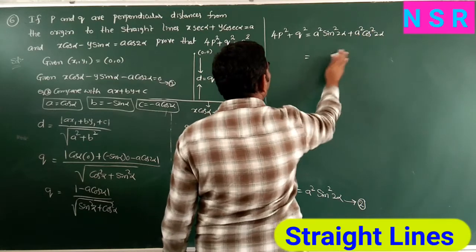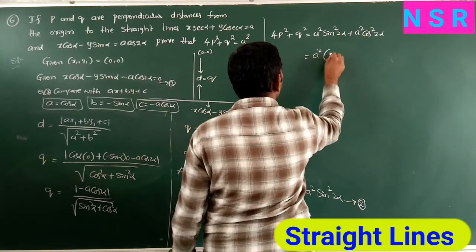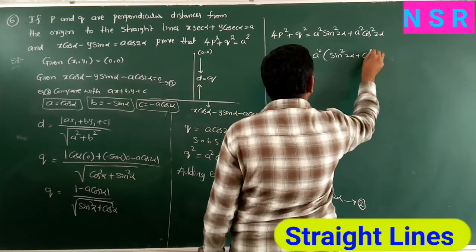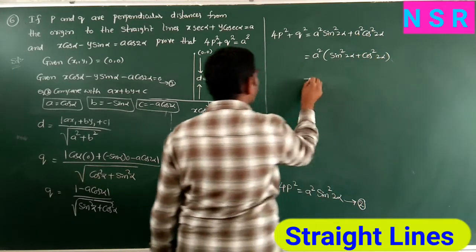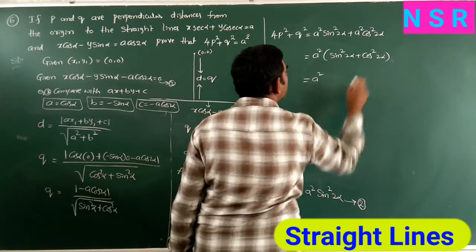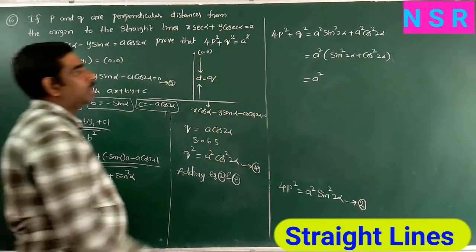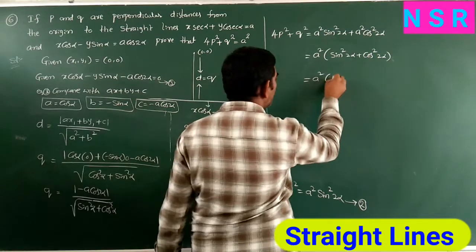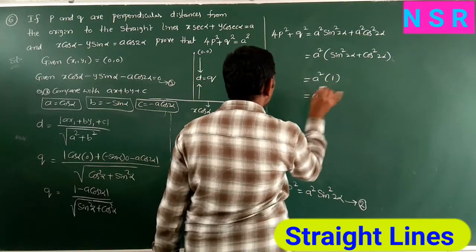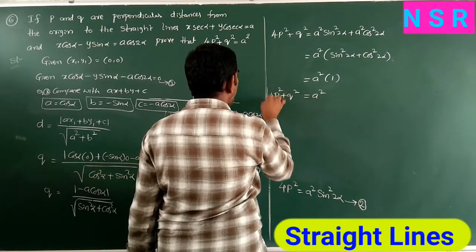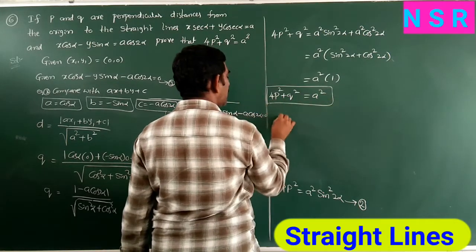Now in both we have a square common, so take a square common, we get sin square 2 alpha plus cos square 2 alpha. Now here angle is same, so sin square theta plus cos square theta is 1. Now this value becomes 1. Now a square into 1 is a square. So 4p square plus q square equal to a square.